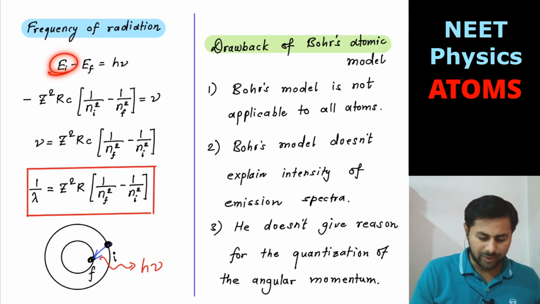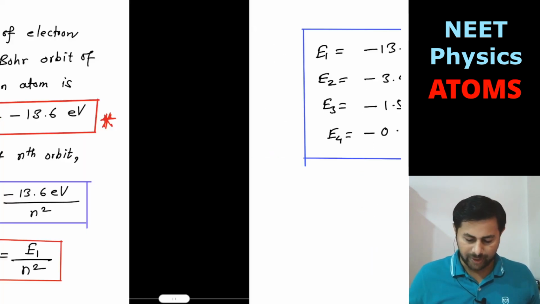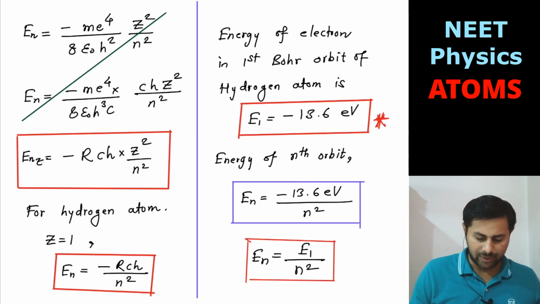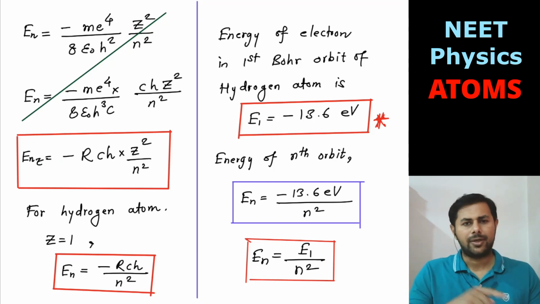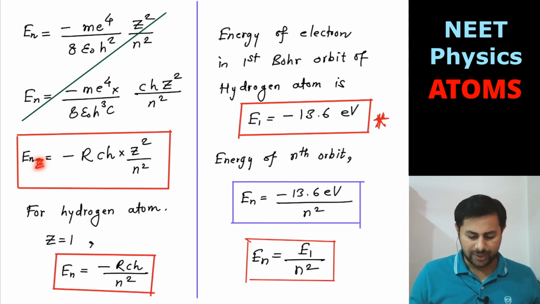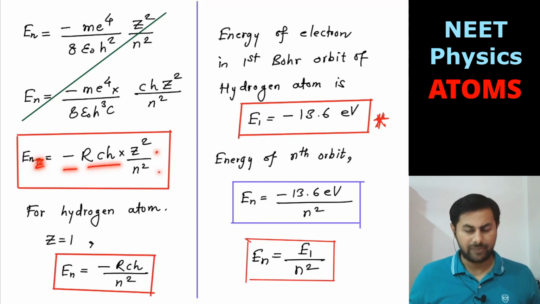Then we can make use of the formula that the energy of the nth orbit of an electron in an atom having atomic number Z is minus RCH Z square by N square.